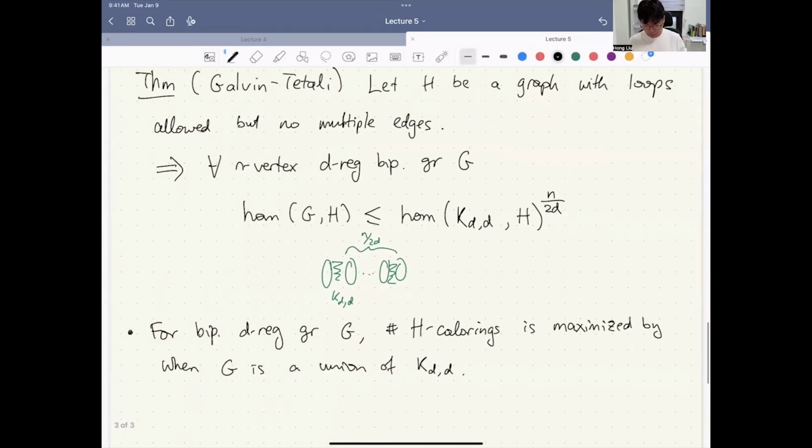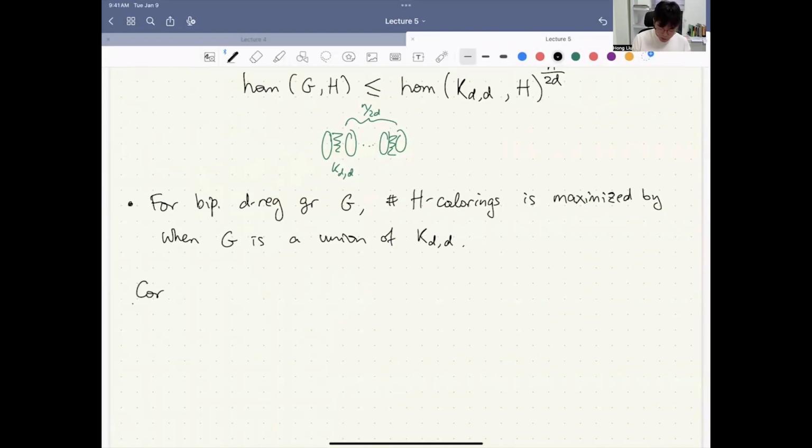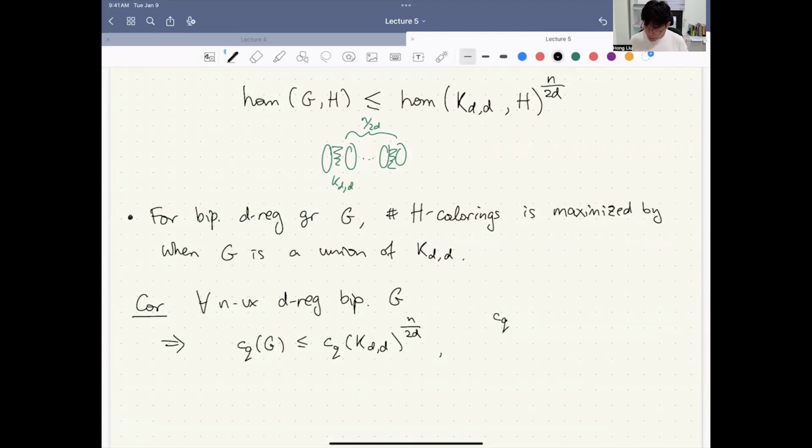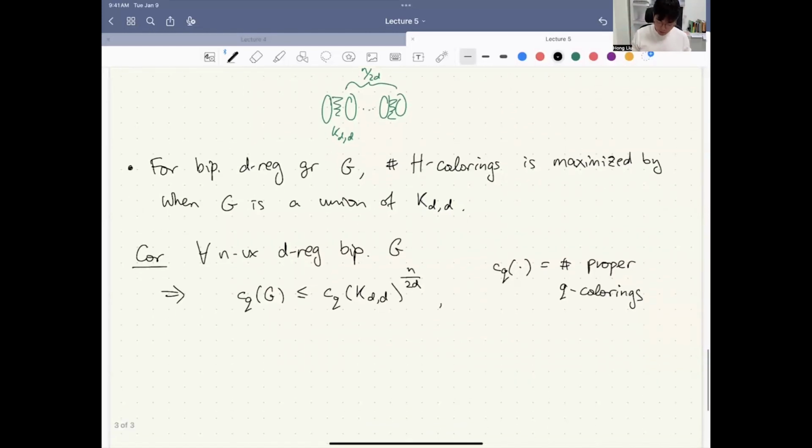So as a corollary, for any n-vertex d-regular bipartite graph G, we have CQ of G is at most CQ of KDD to the power n over 2D, where CQ is the number of proper Q colorings of this graph.